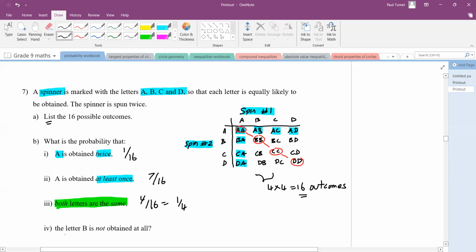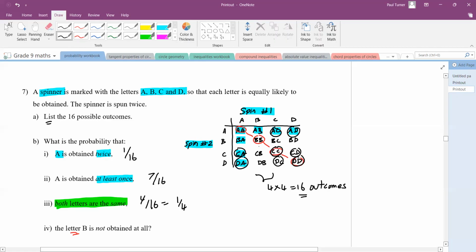Okay, the last one, the letter B is not obtained at all. So we are not allowed to have any B's. We cannot have any B. So we should go around and see which ones don't have B. So let's go through. So that's going to be 1, 2, 3, 4, 5, 6, 7, 8. Any more?